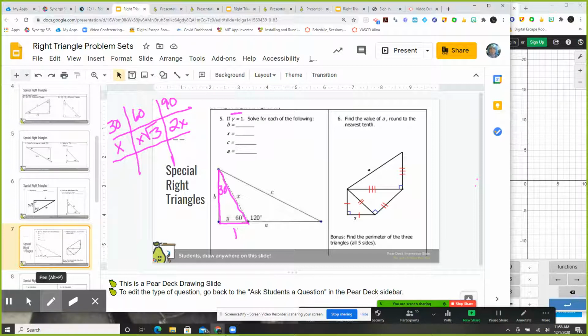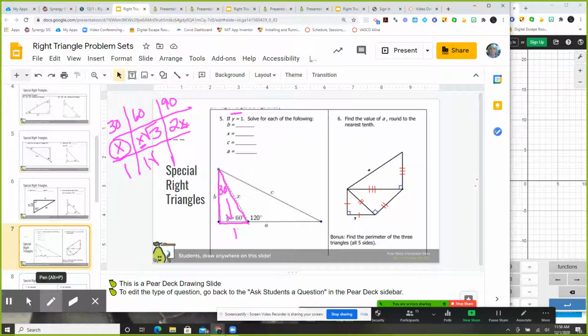Opposite that 30 degree is 1. So where do I put the 1? The left, the middle, or the right? Absolutely. So the 30 and the 1 are across from each other. So they go across from each other in the table. That means X equals 1. Everywhere I see an X here, I can just put a 1.